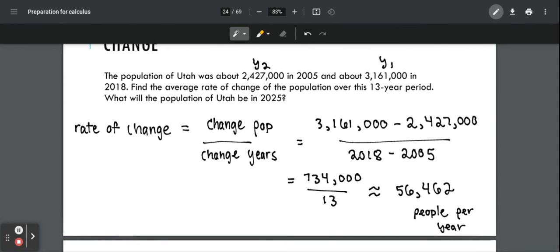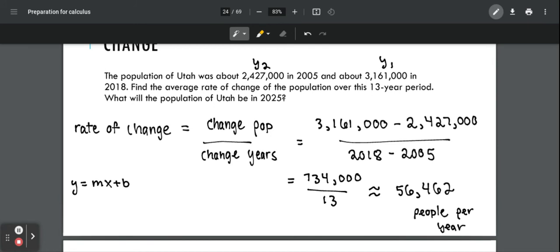But then the second part asks us, assuming that the population continues to increase, what is the population in 2025? So what you're probably going to want to do is actually calculate like a slope-intercept form. So where you have your y equals mx plus b, right?